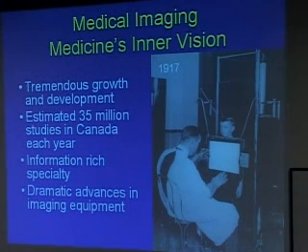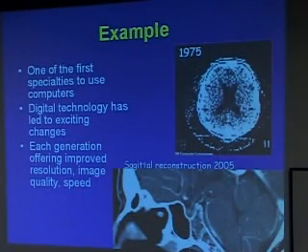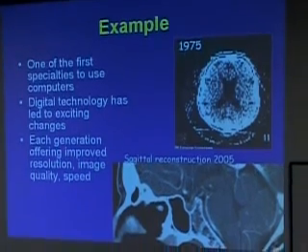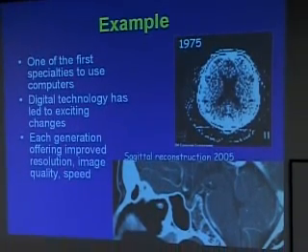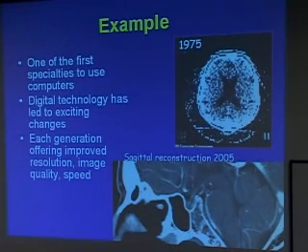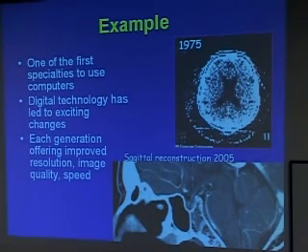This is just an example here of some archaic equipment from 1917 available at the Hospital for Sick Children. Now, you can see here illustrated some of the dramatic changes that have occurred with the introduction of digital technology over the last roughly a quarter century. The first image depicts a CT scan obtained in 1975.